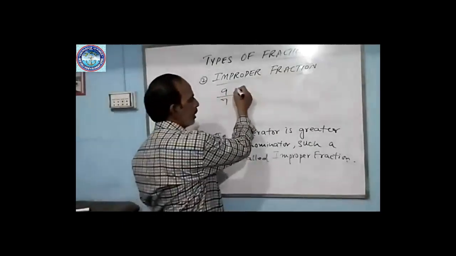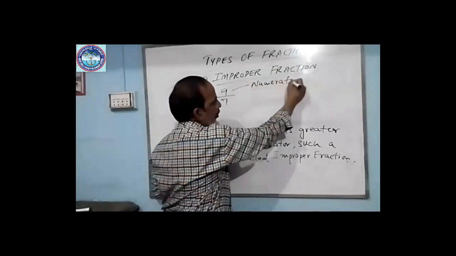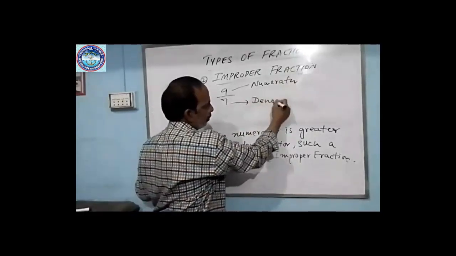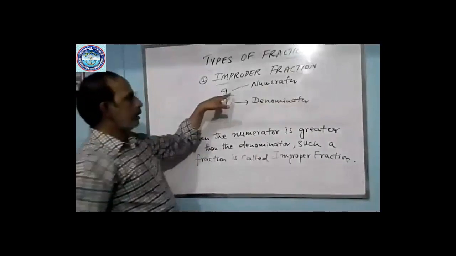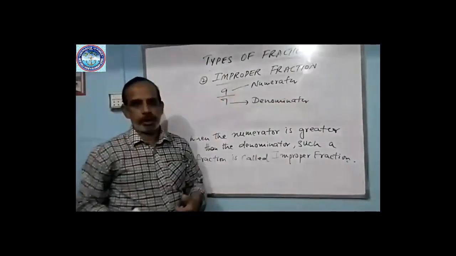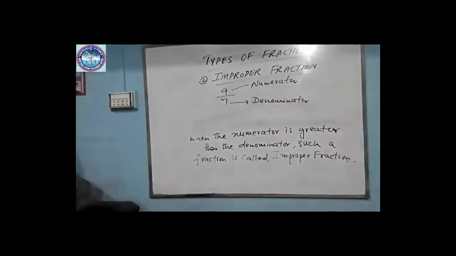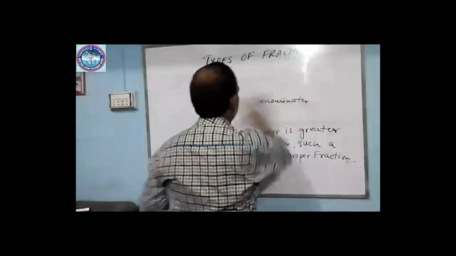This is numerator and this is denominator. So such a fraction is called the improper fraction. Clear? Okay, let's take another type of fraction.